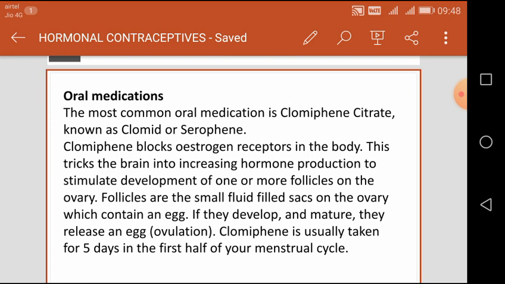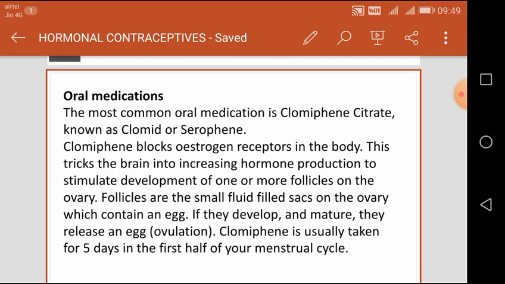They will stimulate and help to produce estrogen in the body. So this blocks the receptors, so that estrogen will not be secreted in excess of the required amounts. This tricks the brain into increasing hormone production to stimulate development of one or more follicles on the ovary.